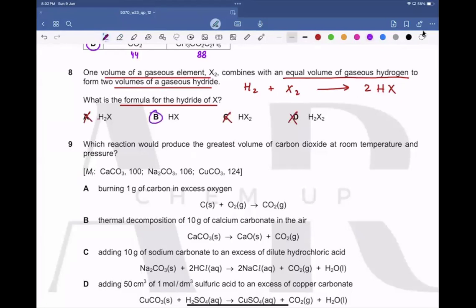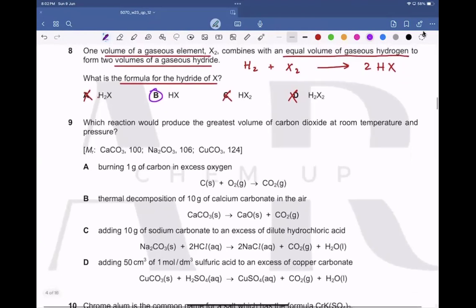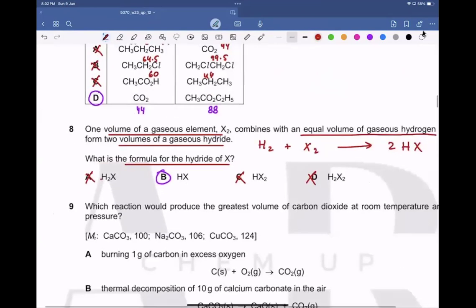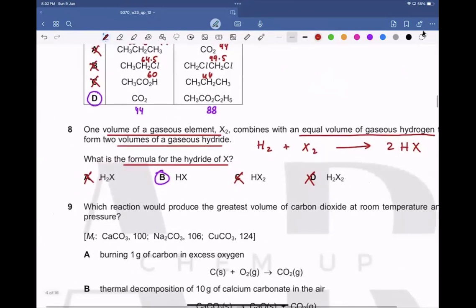Is this clear to all of you? Question number 9. Yes. See, they are saying, for example, let's suppose you don't know the formula of this one.